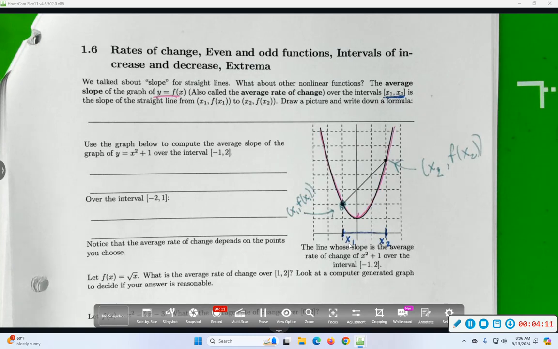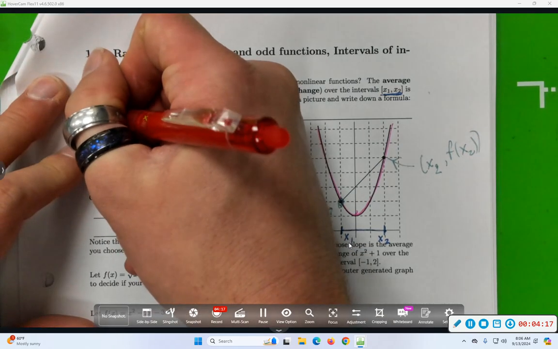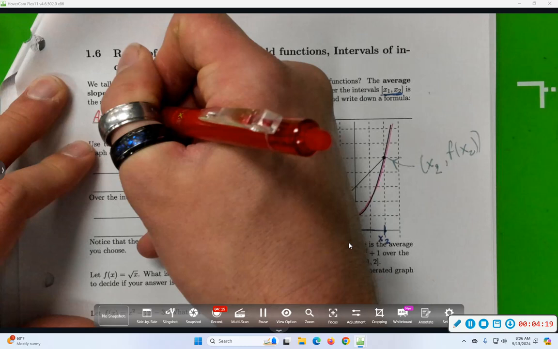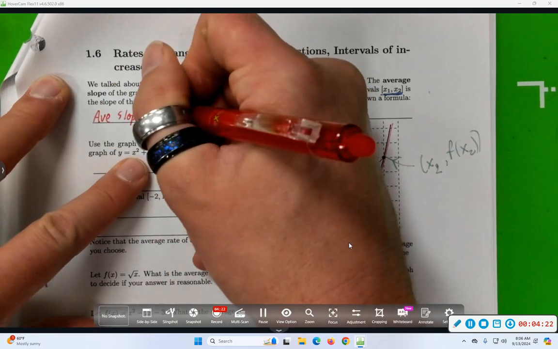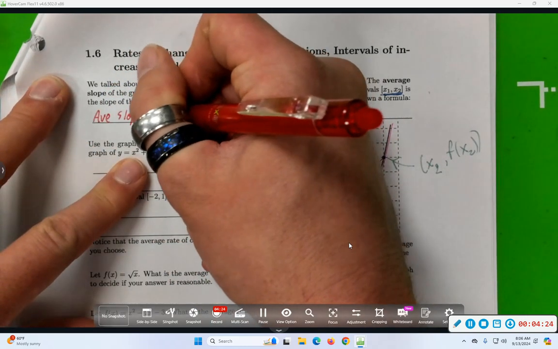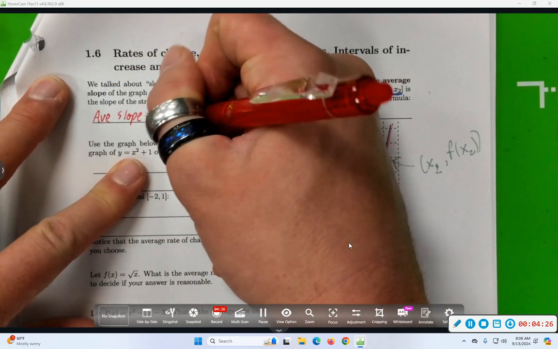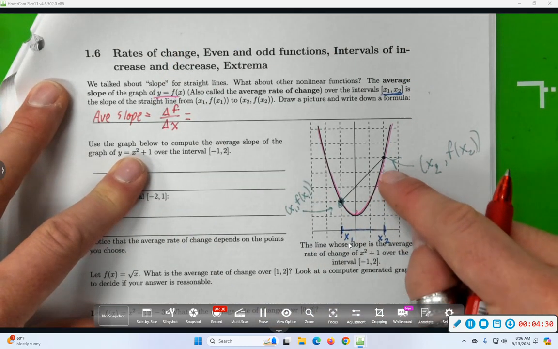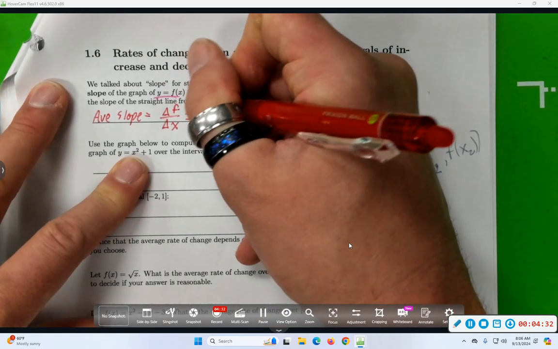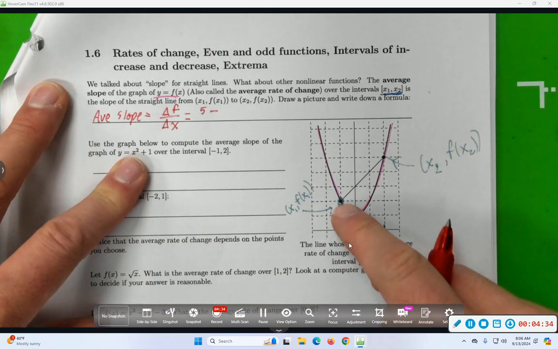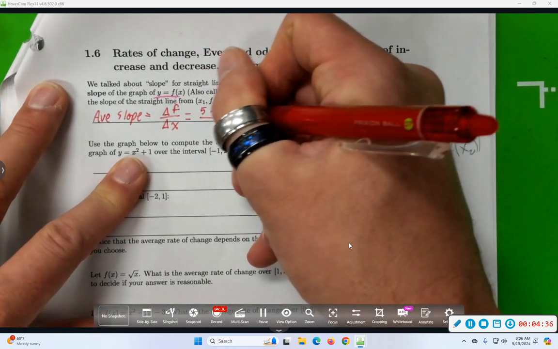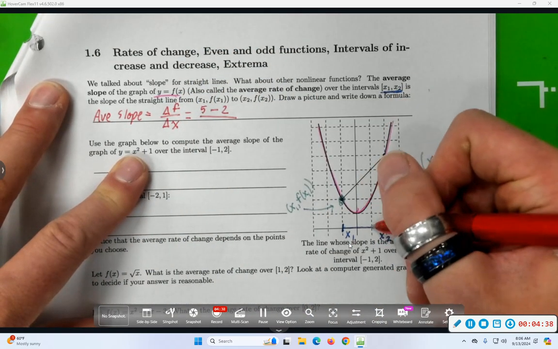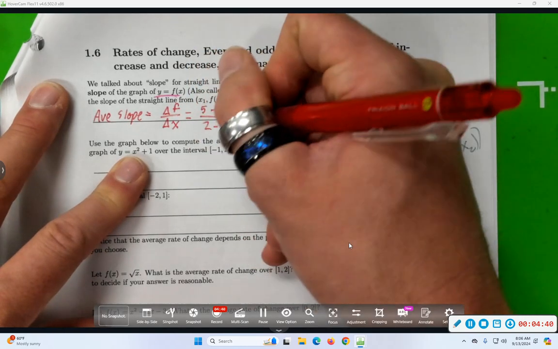I hear a 1. Do I hear a second? Nice. Yeah, so let's do it. So the average slope, or average rate of change, is the change in the output value divided by the change in the input value. In this case, it's 1, 2, 3, 4, 5 minus 1, 2, all over this x value looked like it was 1, 2, minus 1.